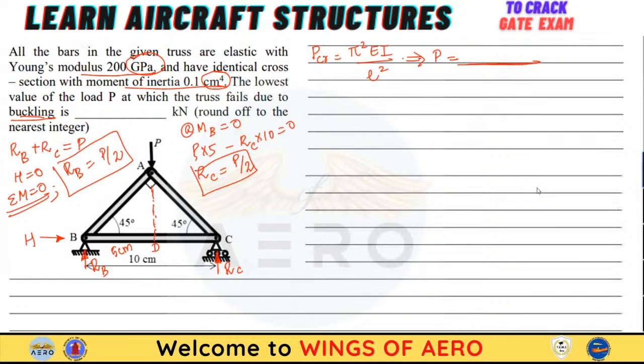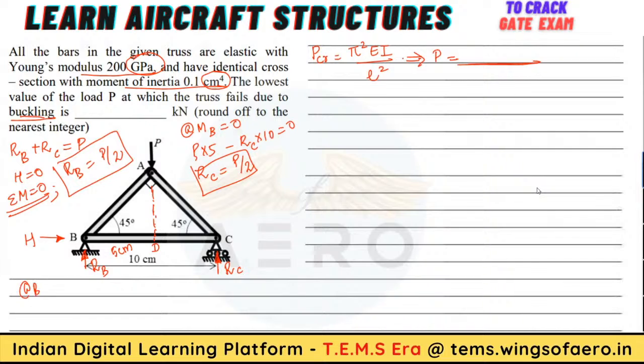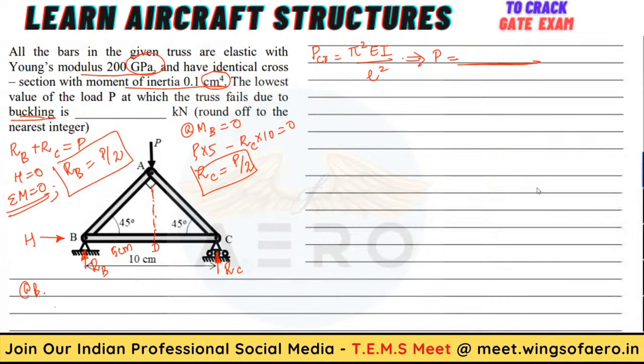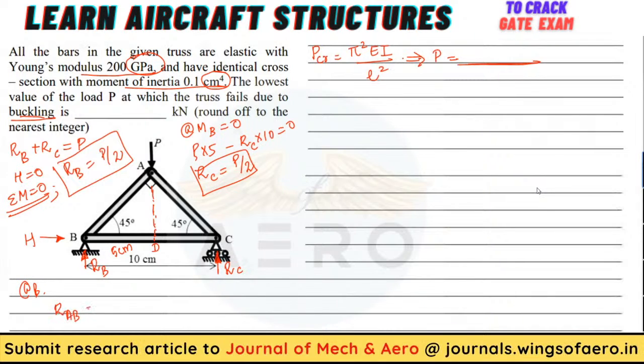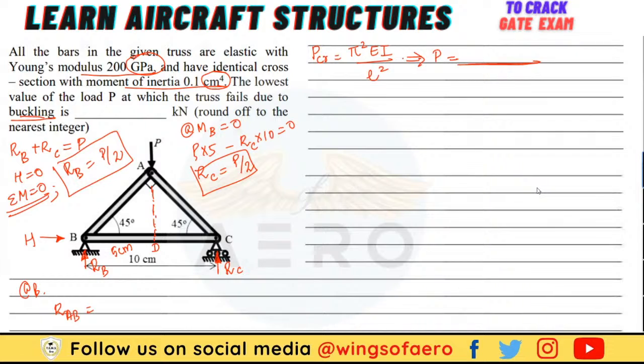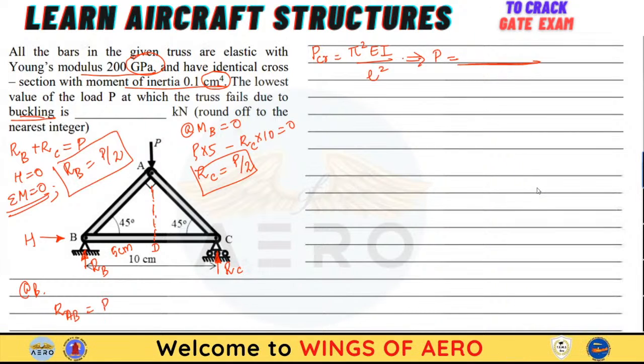Now, after finding point B, what have you done? Ma'am, RAB is minus P by root 2. RAB value is how much? Minus P by root 2. Yes, ma'am, it's negative.